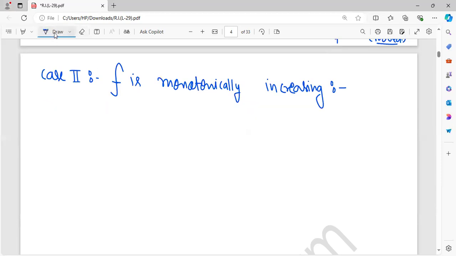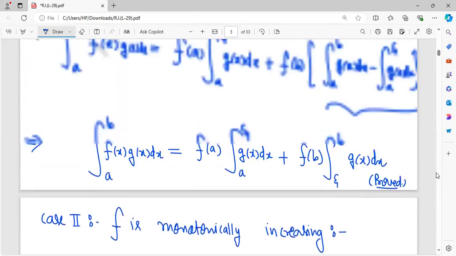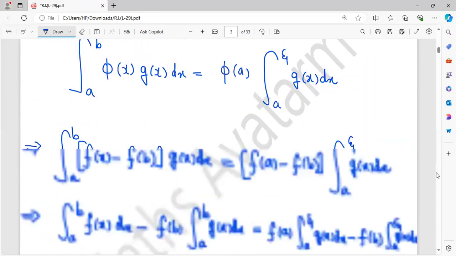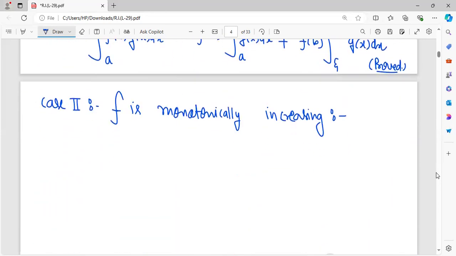So if f is monotonically increasing, we put φ(x) equal to minus f(x).